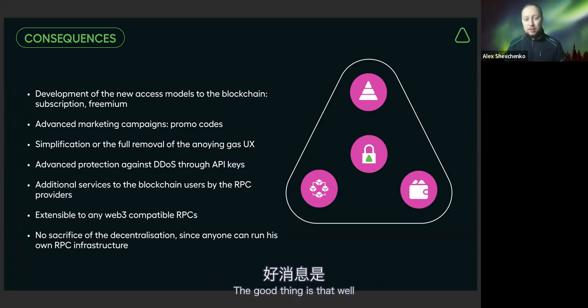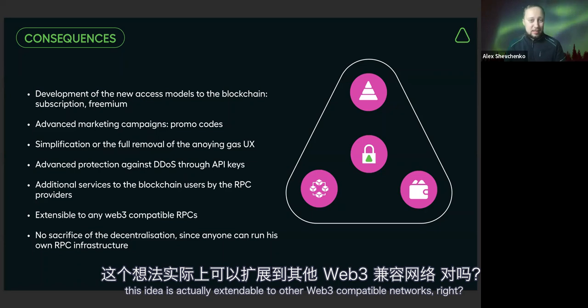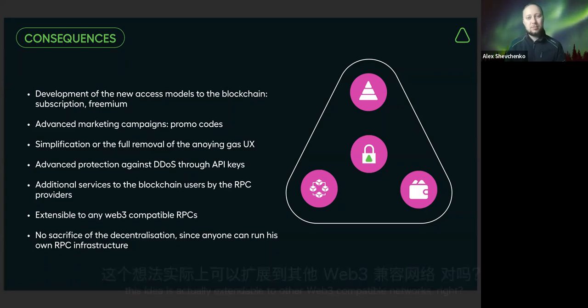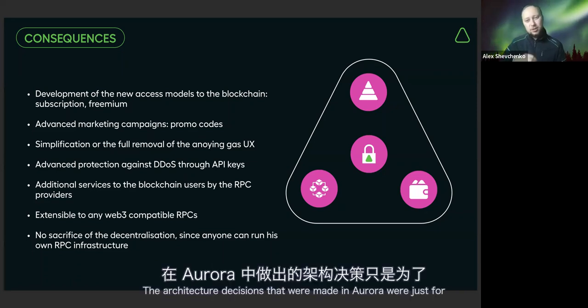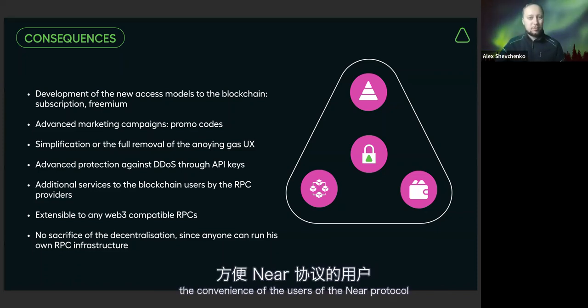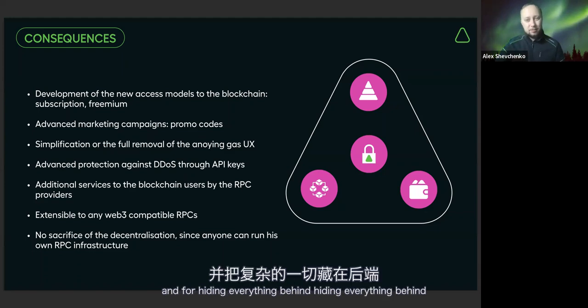And the good thing is that this idea is actually extendable to other Web3 compatible networks, right? So it is not something that is fundamentally changed in Aurora. The architecture decisions that were made in Aurora were just for the convenience of using the Near protocol and for hiding everything.